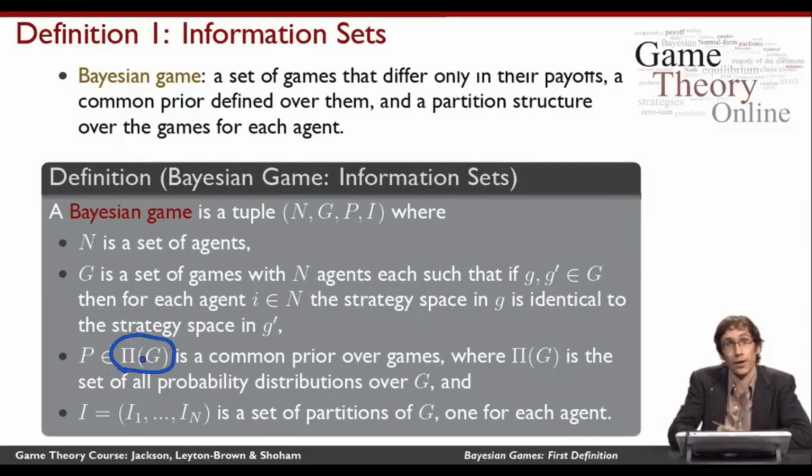This is going to be our prior distribution. So this is going to tell us how likely each of these games from the set G is. And finally, we're going to have a set of partitions of G, one for each agent. So this is going to be a set of equivalence classes that will say, from the point of view of an agent, certain games are indistinguishable from each other and others are not.